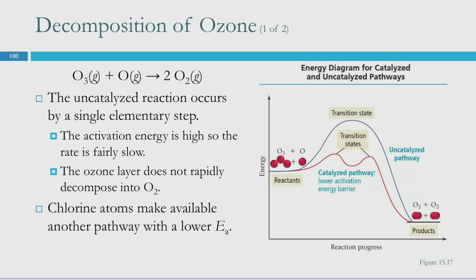And fortunately for us, it does not rapidly decompose into O2 because we actually want it to be O3. However, if you get some chlorine atoms into the mix, then that can produce this catalyzed pathway. And so it's a much lower activation energy, and so it will break down much more rapidly.